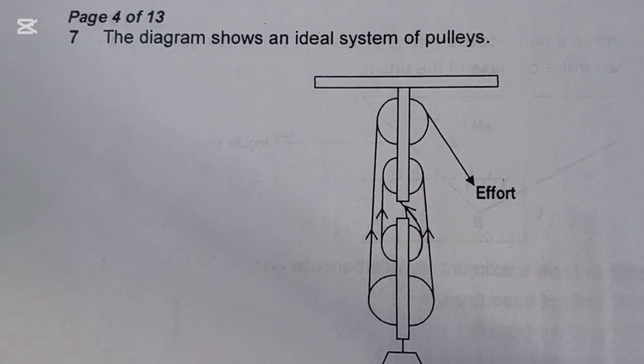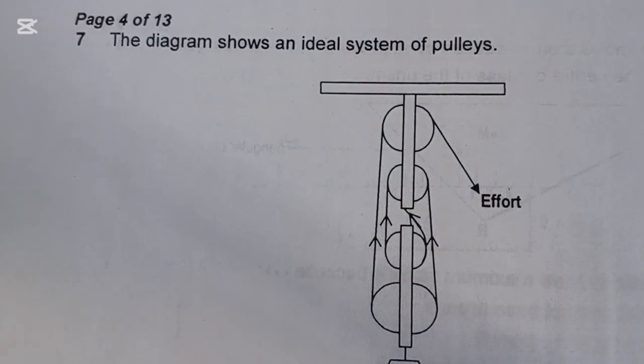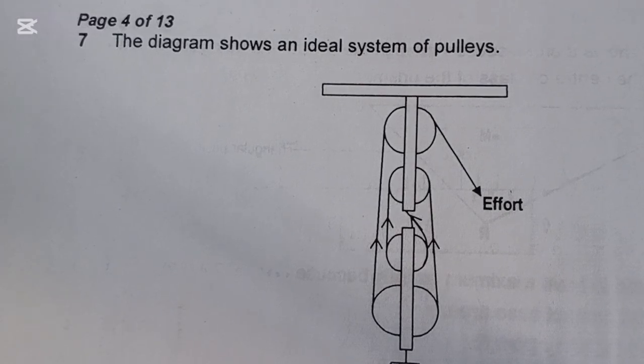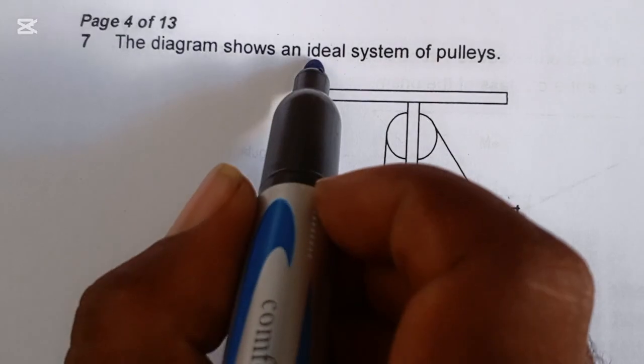So what is an ideal machine? An ideal machine is a machine which is 100% efficient. So that is the meaning of this word.